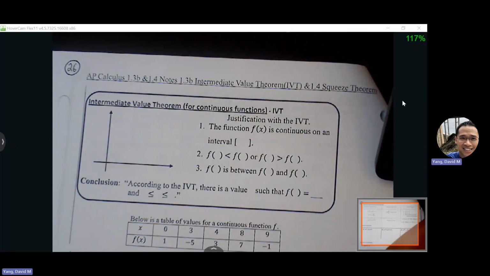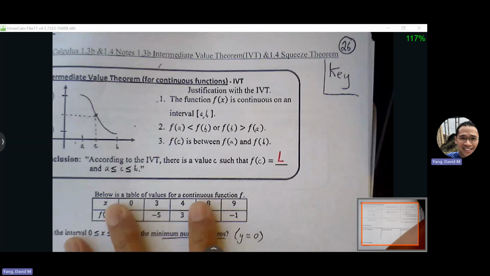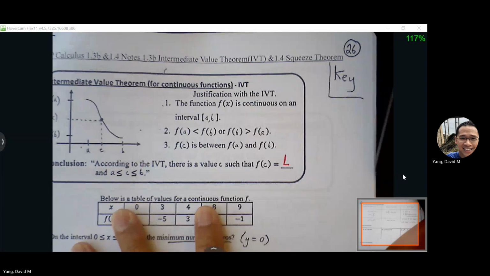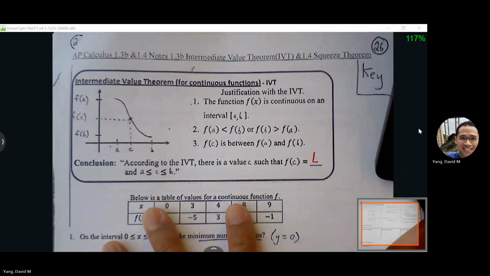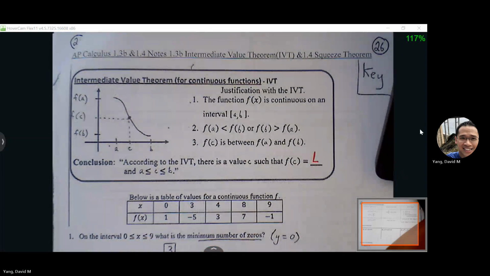Okay, page 26. Okay, we're talking about intermediate value theorem and squeeze theorem.